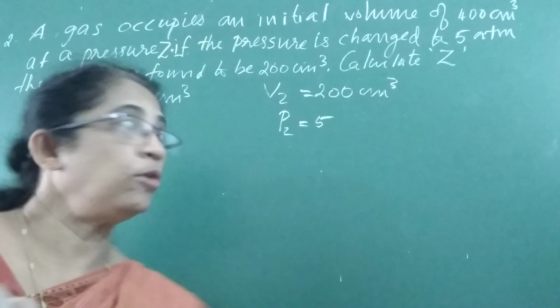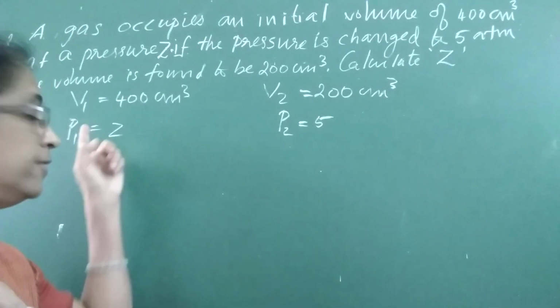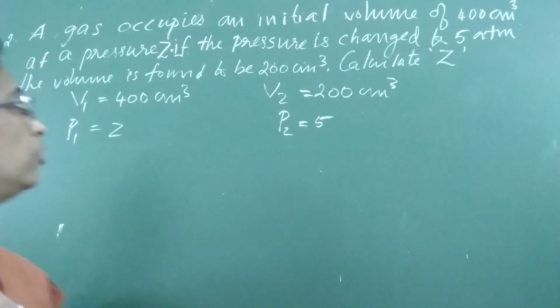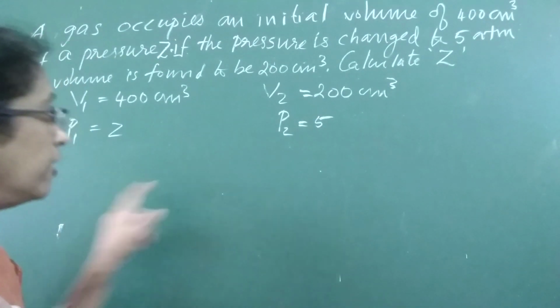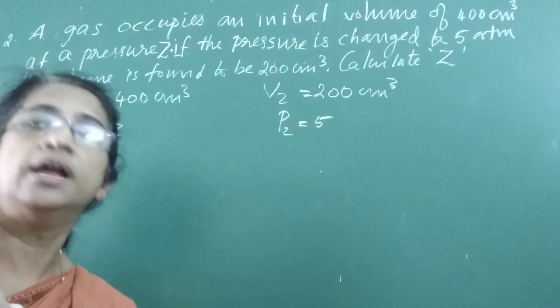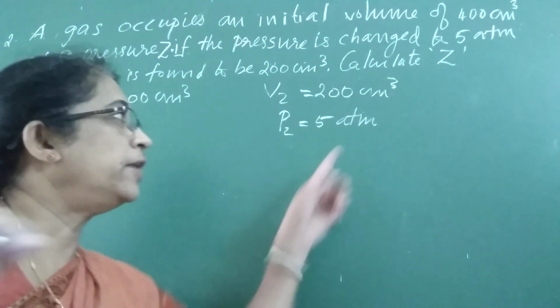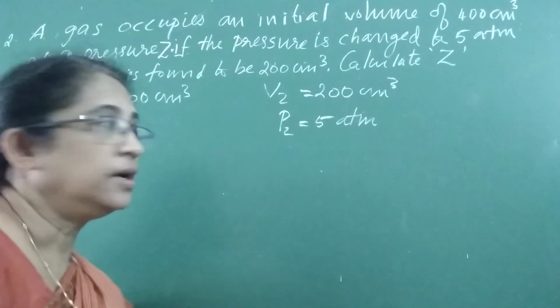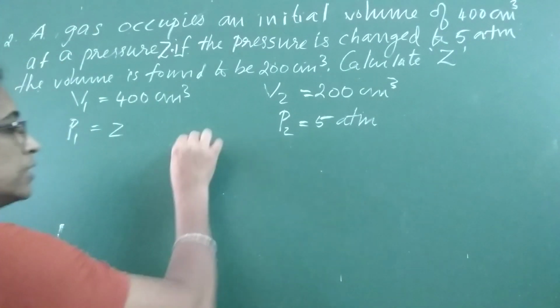The data given are initial volume V1 is equal to 400 cm³, initial pressure Z unknown, final volume 200 cm³ and final pressure 5 atmosphere.